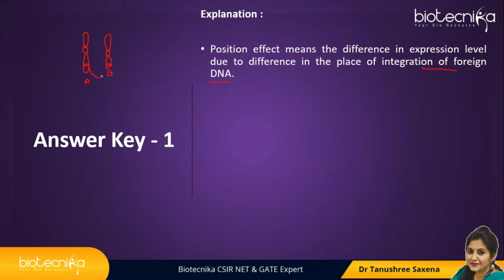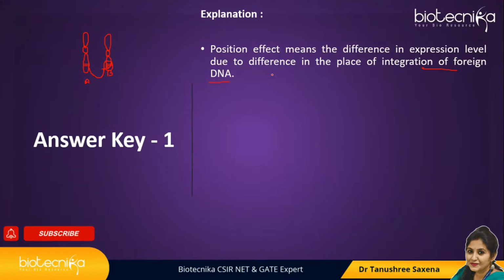The gene from chromosome A moves on to chromosome B. So definitely it interacts with the other genes. Now the enhancers which are regulating the neighboring genes will definitely affect the expression of the gene which has been translocated, right? So here also the position effect, where the integration of the foreign DNA takes place at different places. So definitely that will affect the gene expression.